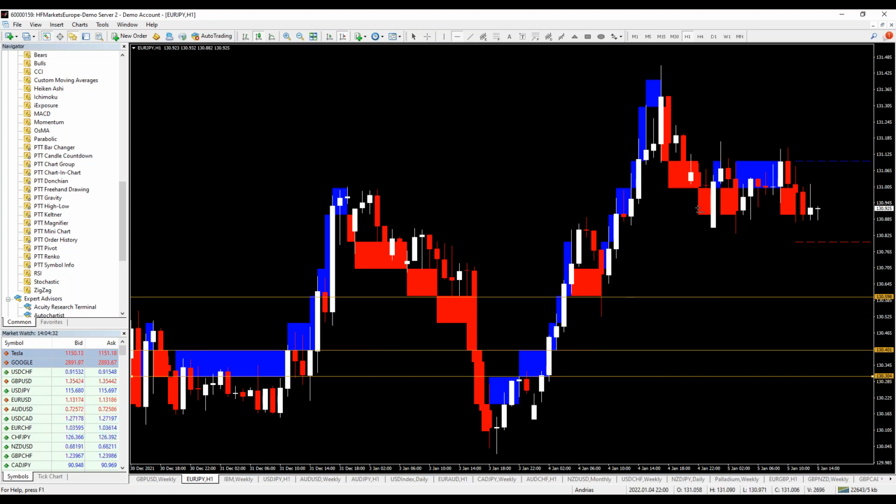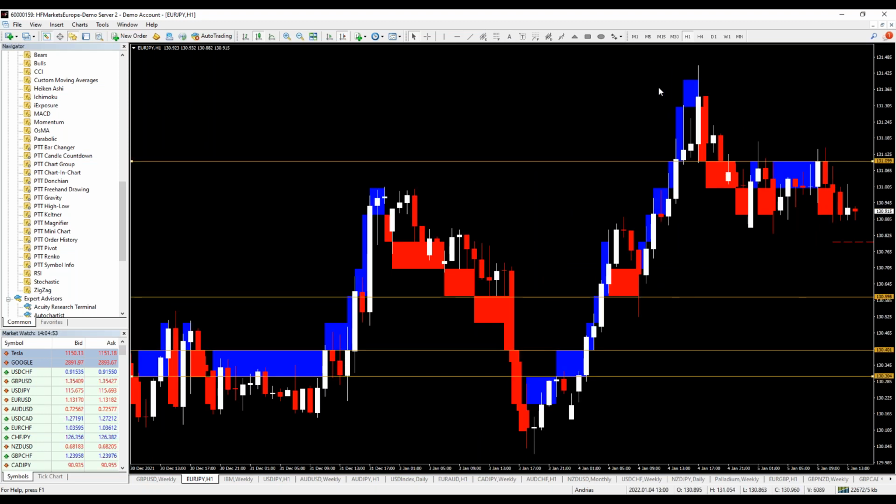I have red, then blue brick, red brick, blue brick, red brick. Then eventually I might have again a blue one, because the asset is consolidating, so we cannot really take any signal right now. But because this is happening, that's why we could use the bodies of the bricks as immediate support and resistance levels.